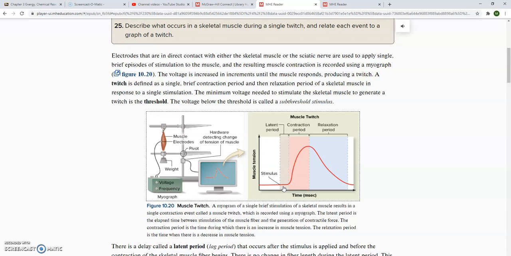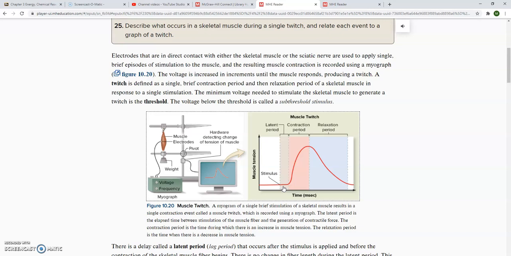So there's not any muscle tension generated during that time frame. That's what's going on in the latent period. It's the time it takes for the action potential to make its way across the entire skeletal muscle cell and for the calcium channels to open and allow the calcium to be released.